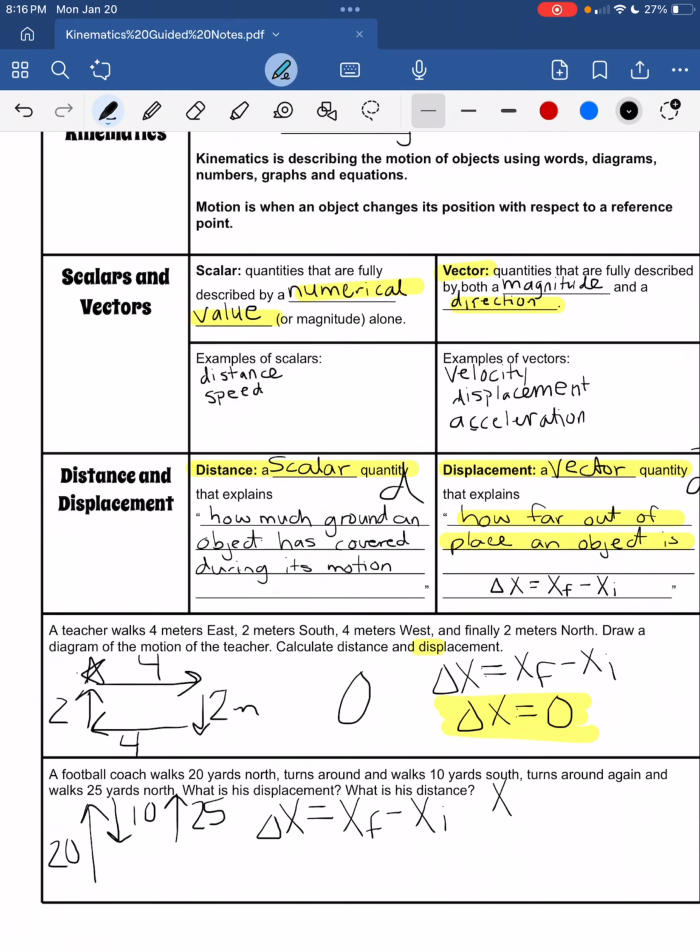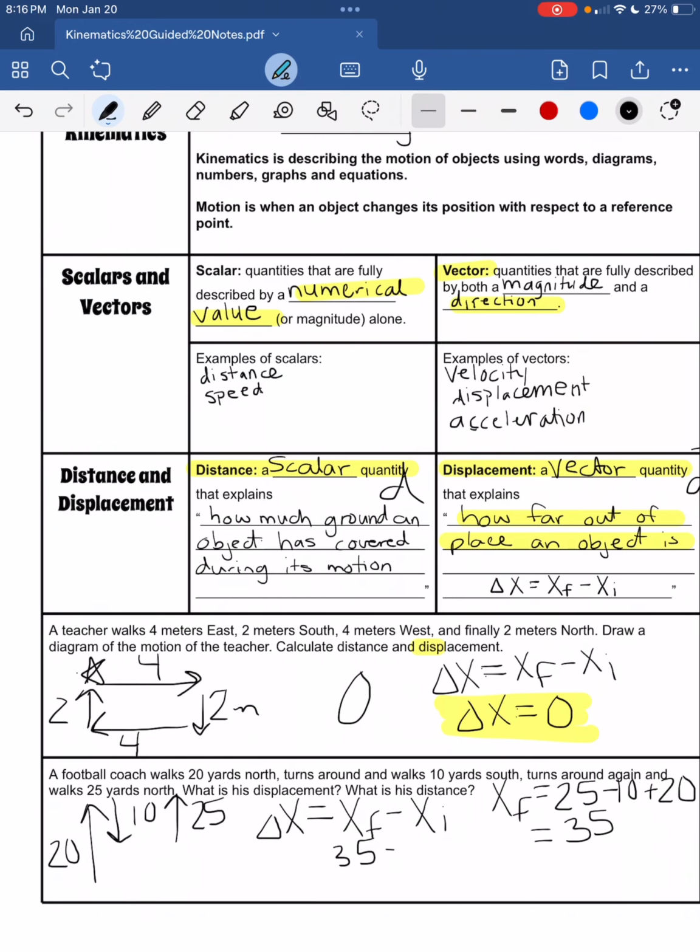To find x final: 25 minus 10, because he went 10 in the opposite direction, plus the 20 he went at the very beginning. 25 minus 10 is 15, plus 20 is 35. That is x final, 35.